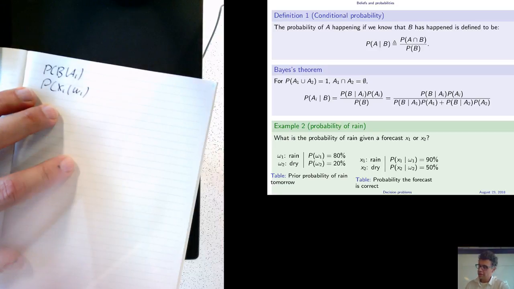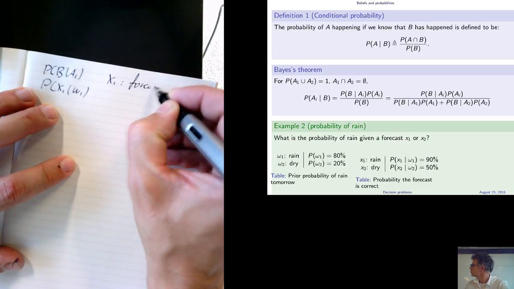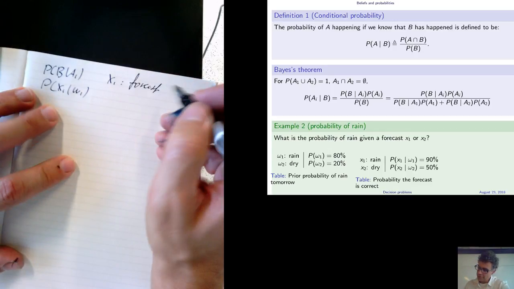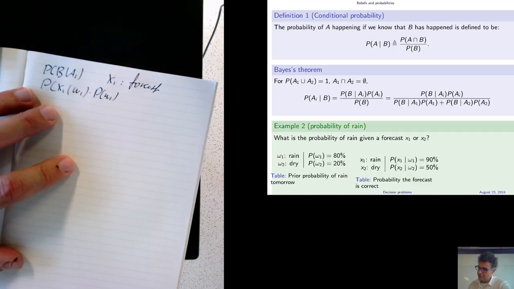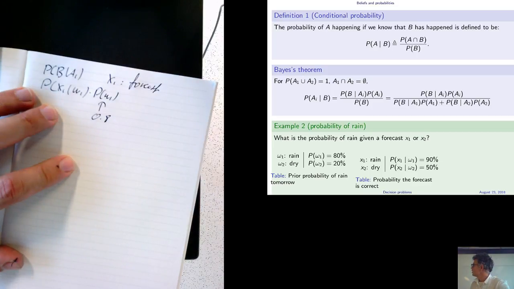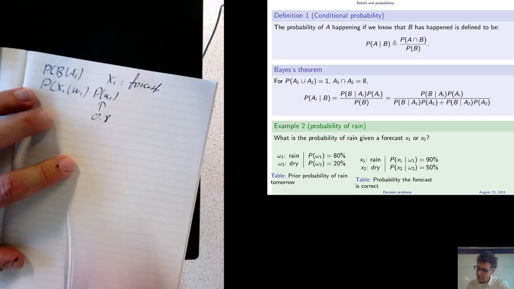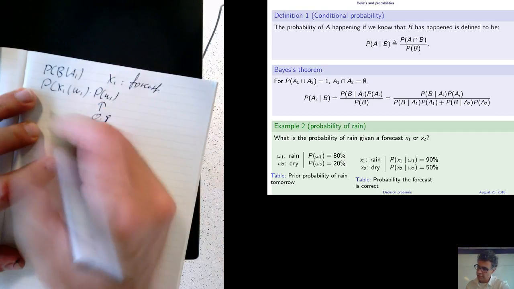Let's say that the forecast was X1, times P of omega 1. We have set this to be 80%, so 0.8. And we said that the probability of the forecast being correct when it's raining is 0.9.